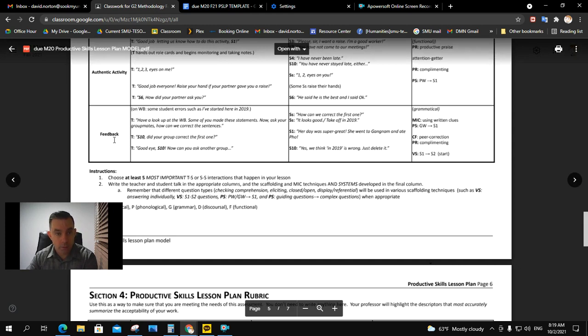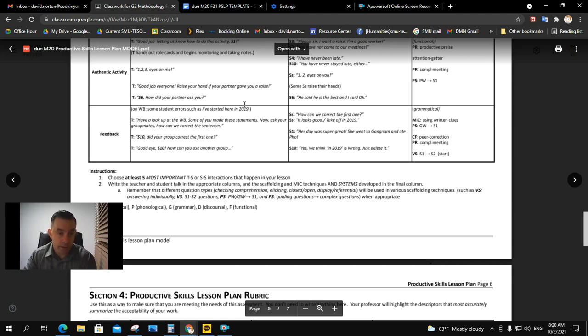And then just to show you what can be done in the last part, it's described in your RSLP and your PSLP, but you could do language feedback, which I've done here. You could do a follow-up task where you move into a different language skill. You could do anything really, as long as it's an additional task that's not identical to what you just did and is related to what you just did.